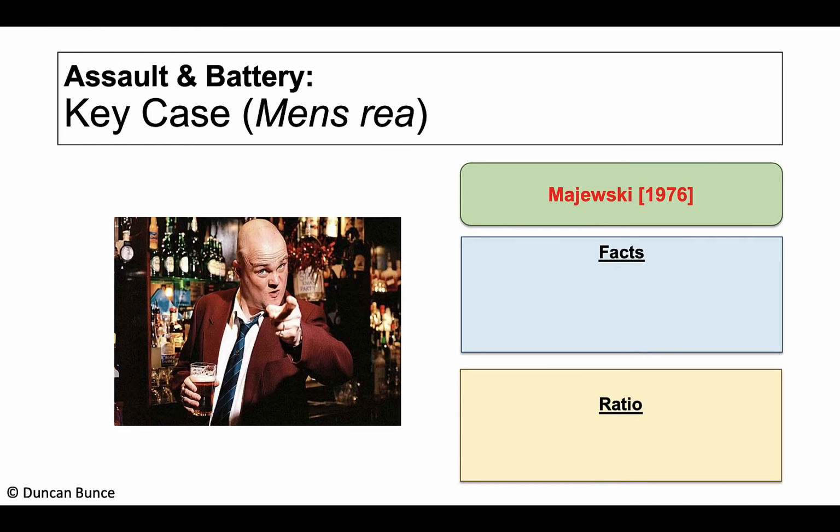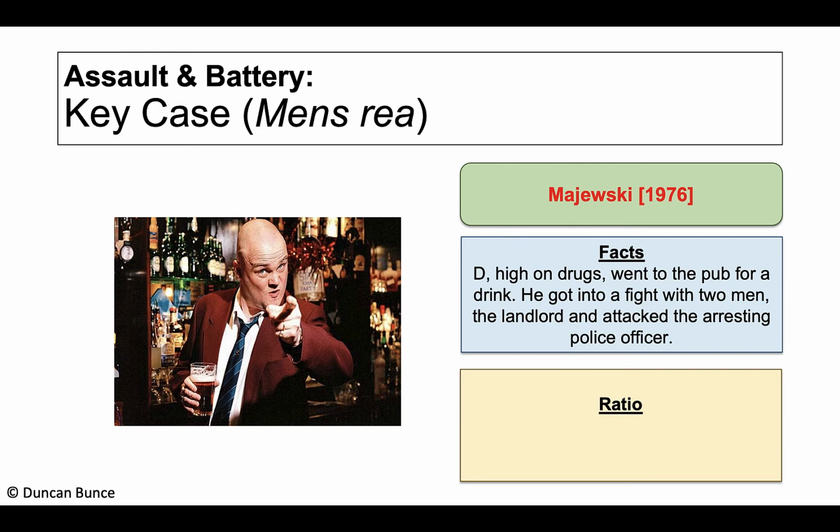Now, the mens rea for assault and battery, so we're going to deal with both here. I think the case we want to use here is Majewski. So this is the case of Majewski, and the defendant, high on drugs, went to the pub for a drink. He got into a fight with two men, the landlord, and attacked the arresting police officer.